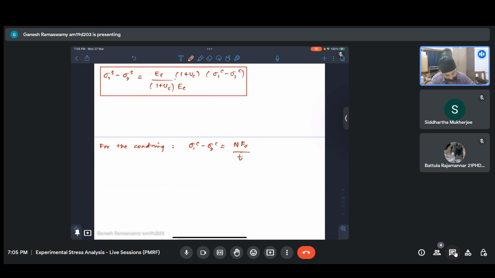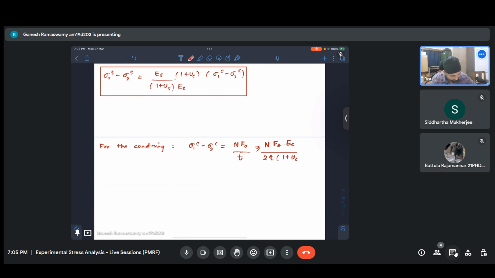So let me just do that. So I'll be having twice the thickness into 1 plus mu c.